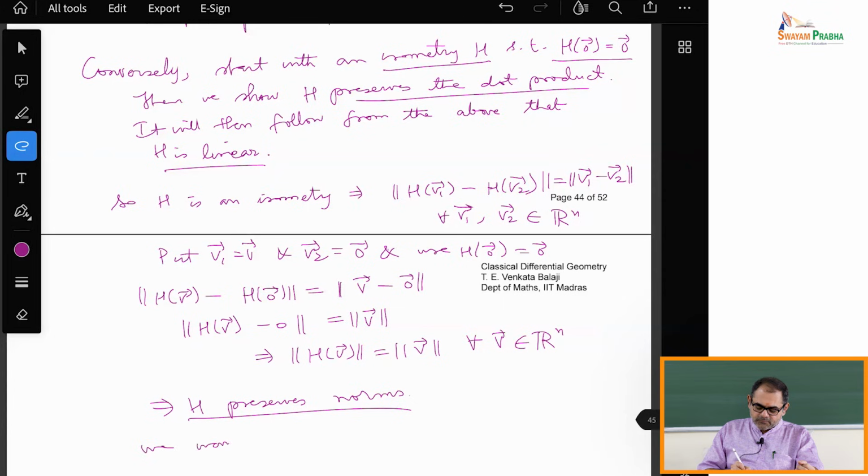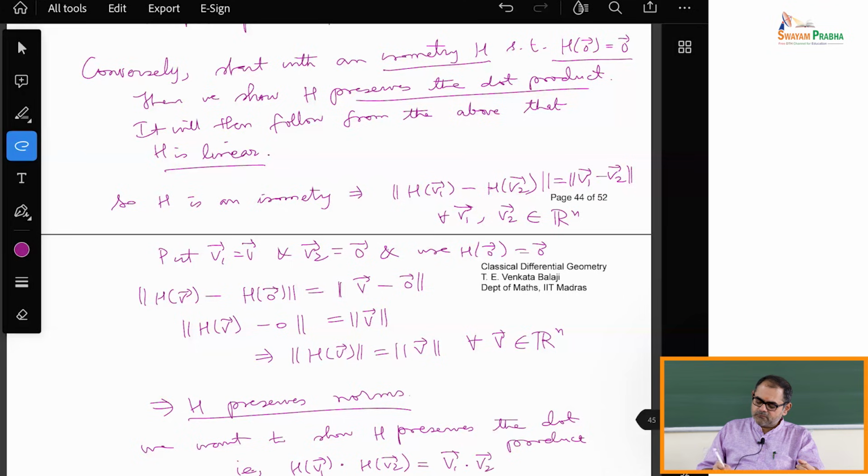Okay. So H preserves norms, and now you see our aim is to show that H preserves the dot product, and now you can easily verify that. So we want to show, let me write, H preserves the dot product, that is HV1 dot HV2 is equal to V1 dot V2 for all V1 V2 in Rn.